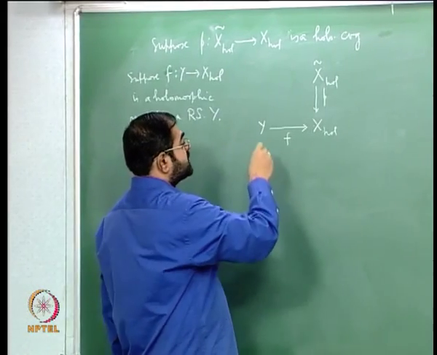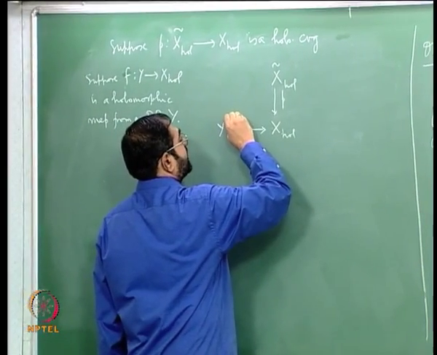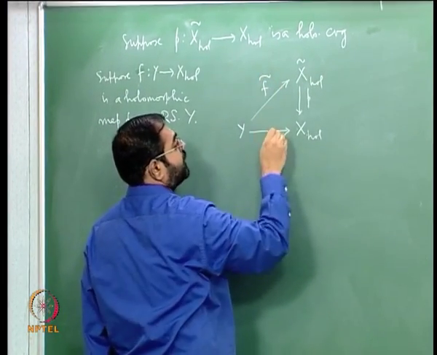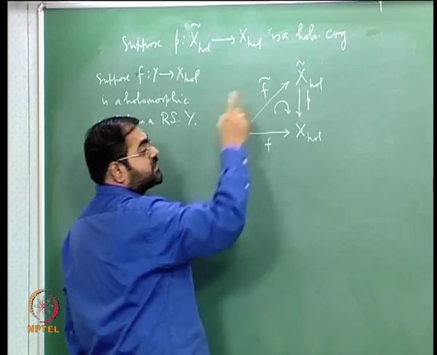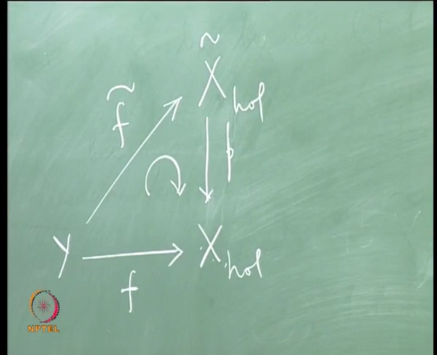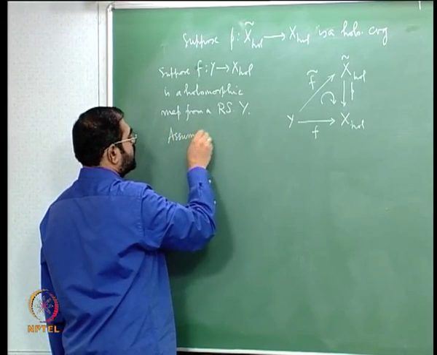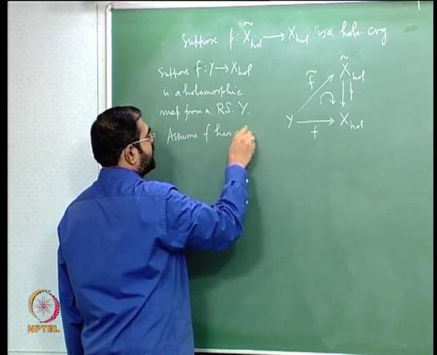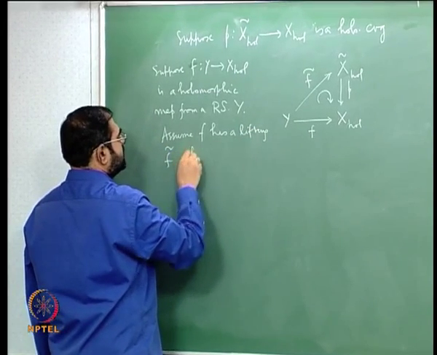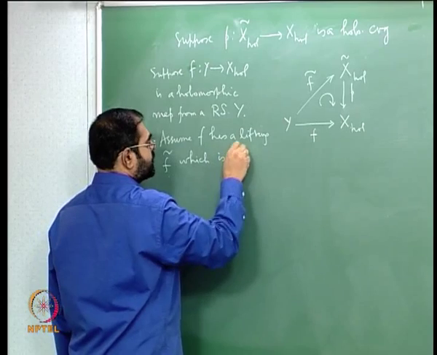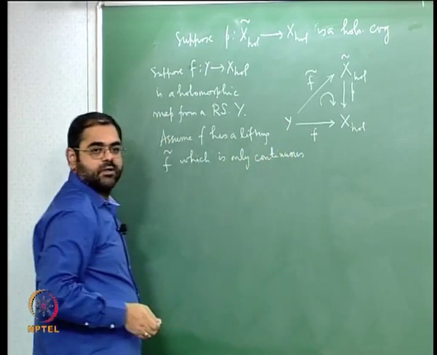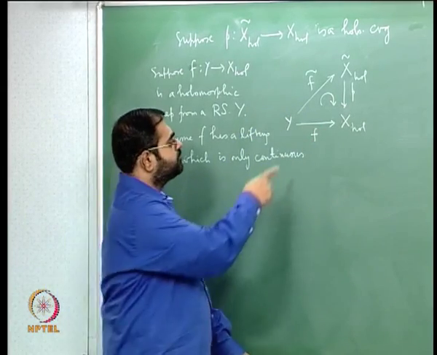Now assume that there is a lifting F tilde, namely this diagram commutes, but assume that F tilde is only a continuous lifting. So you look at what is happening.